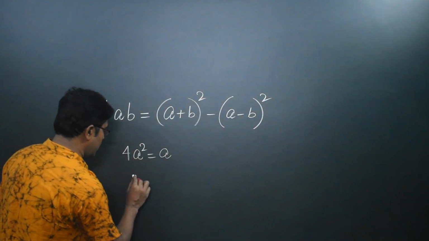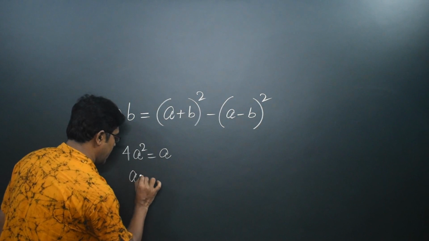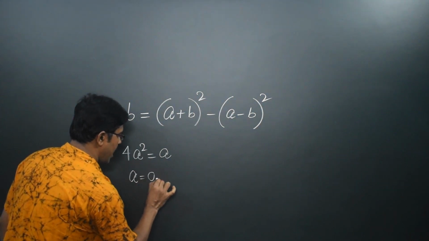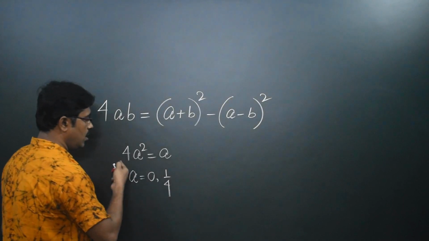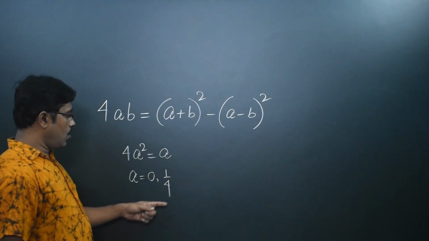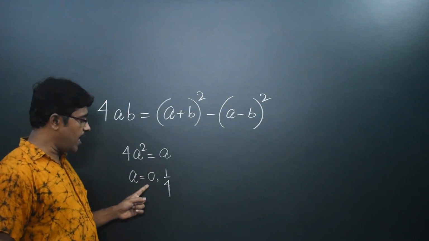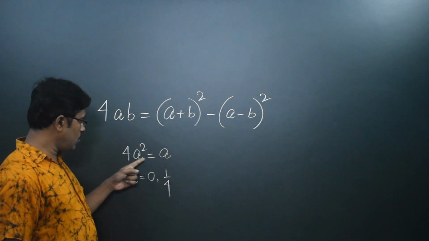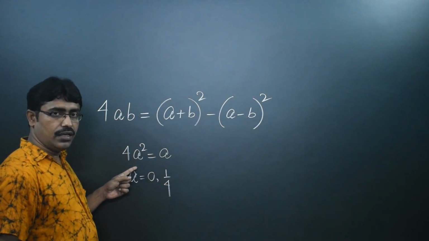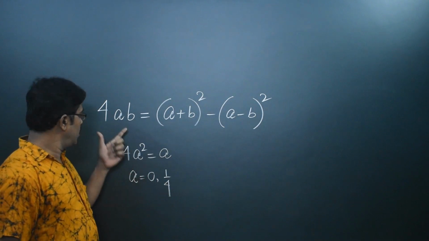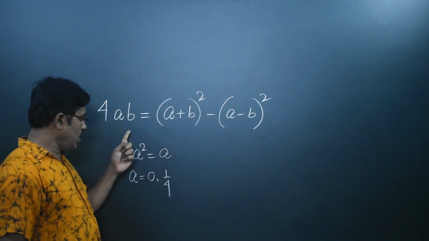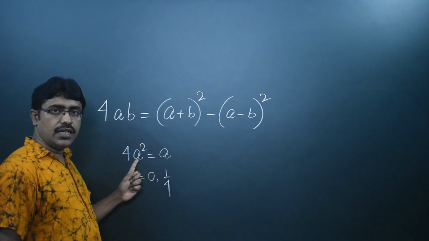It is only true for a equal to 0 and a equal to 1 by 4. So it is true only for some definite values of a. So it is not an identity. It is called an equation.